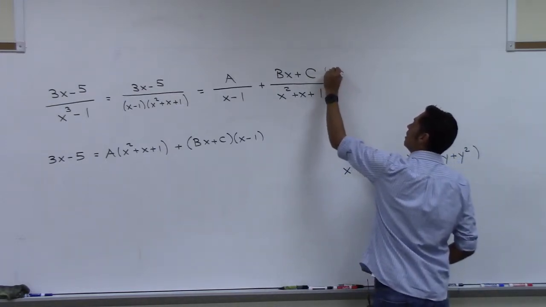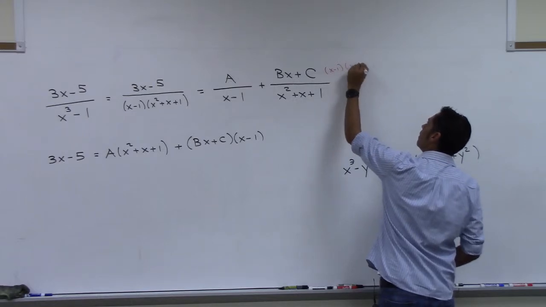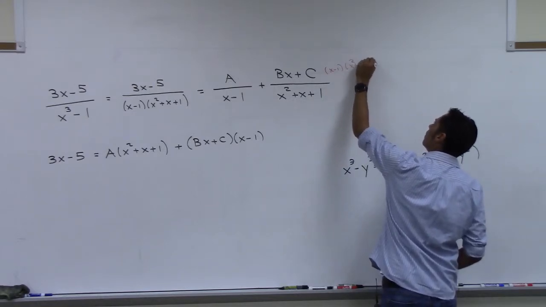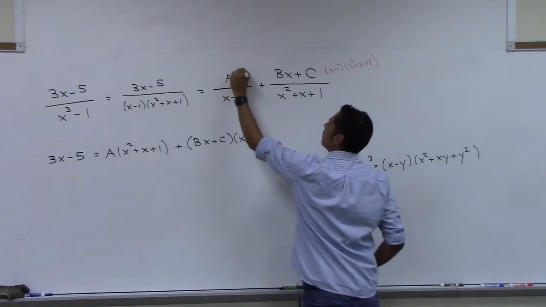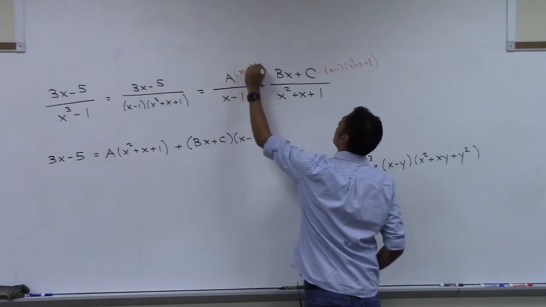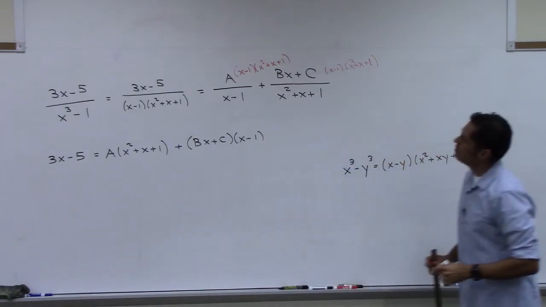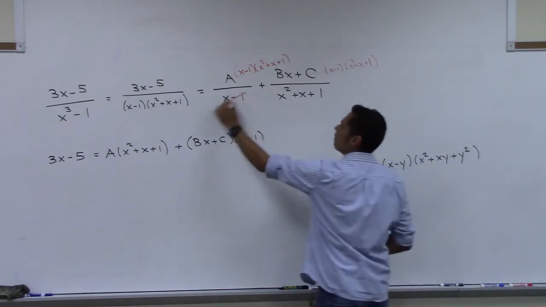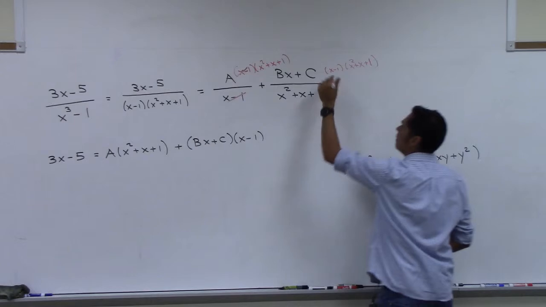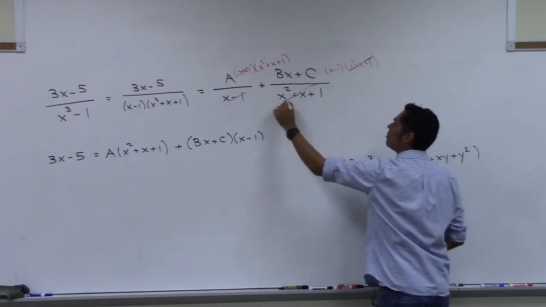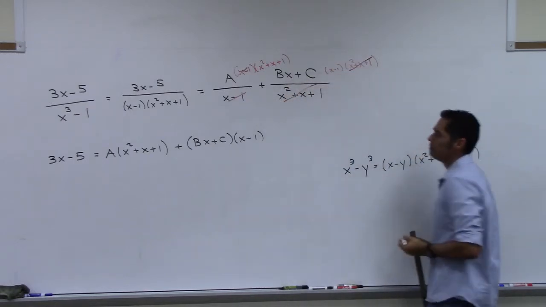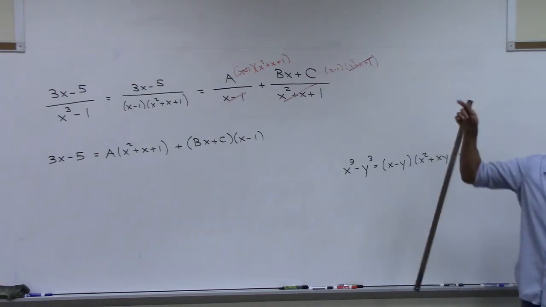All right, I'll do it. All right, that's what I did. So these canceled. We had the A times that. Then here the big old quadratic cancels, and we got this thing times that. On the left side, it goes away, right?